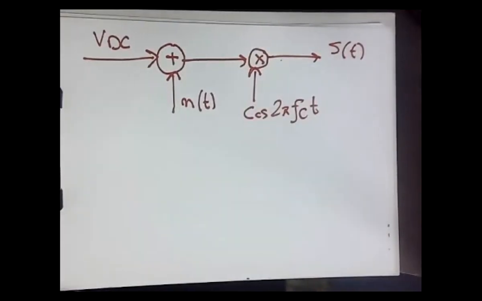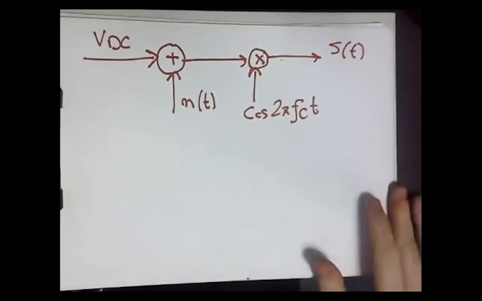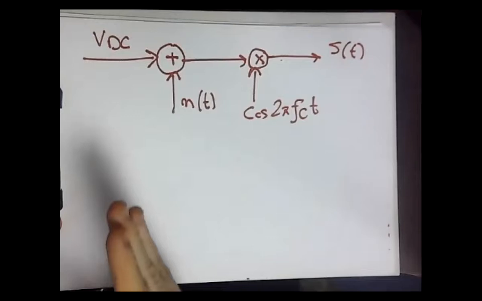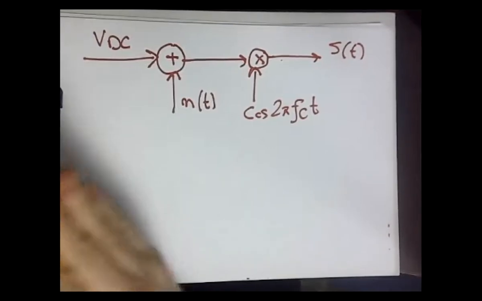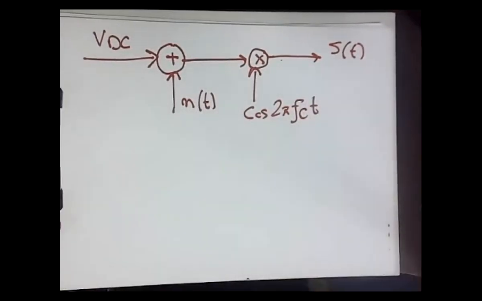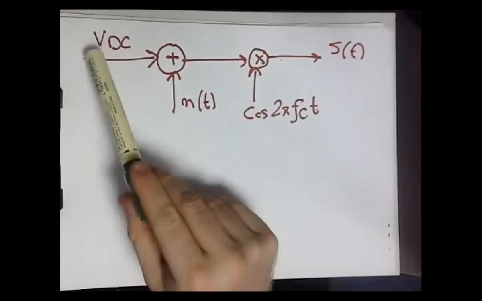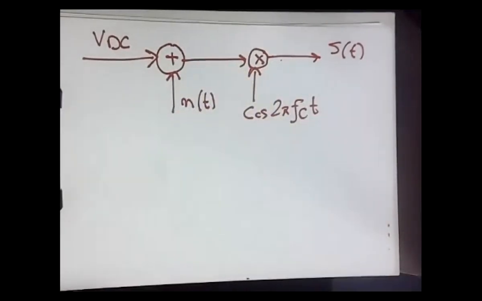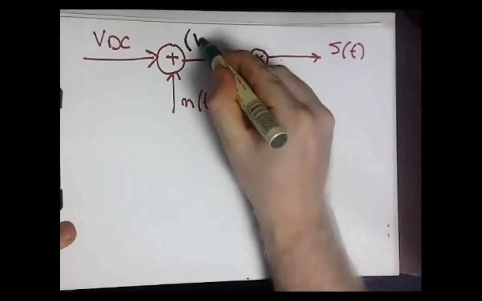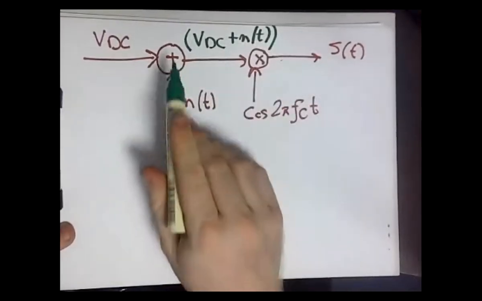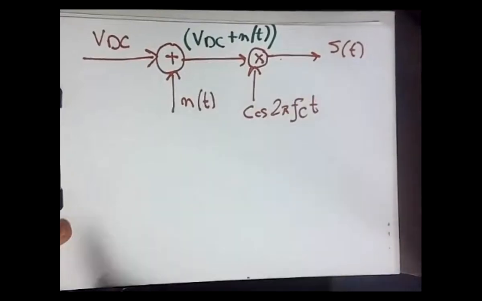So, for example, this may be your final exam question, your in-class test question. So please don't get shocked whenever you see a block diagram which is not typically like the one you see in the lecture. It's very simple. Just follow the mathematical analysis step by step and see what will be your output S of T. So here we have two added signals, VDC, which is a DC offset, and M of T. So what is here is simply VDC plus M of T. Now, this VDC plus M of T will be multiplied by cosine 2 pi FCT.